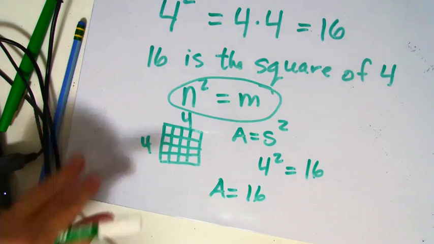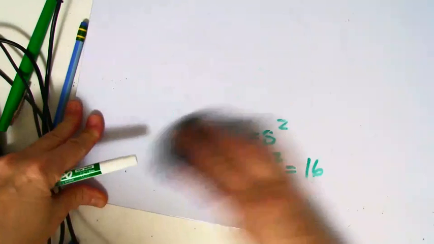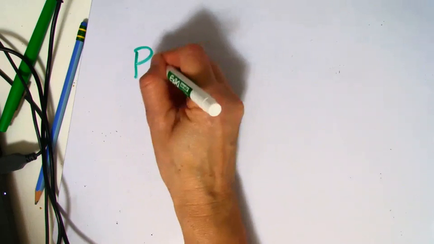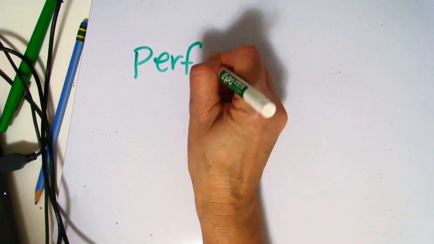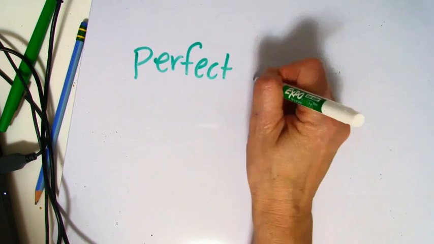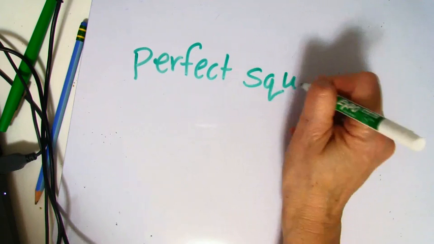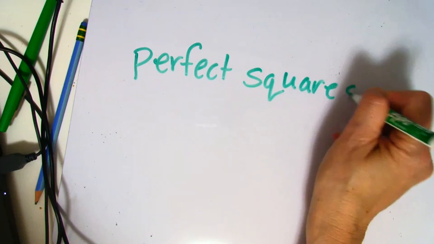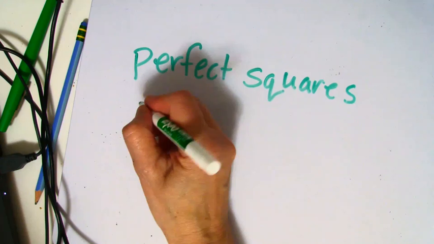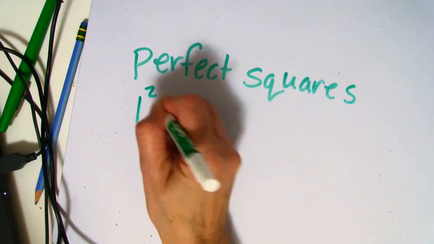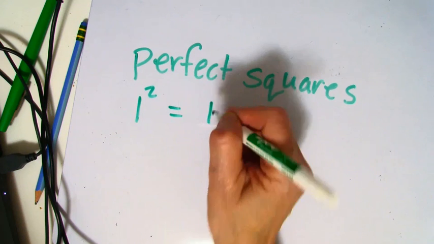Okay, now sometimes we're going to get perfect squares, and let's think about that. Perfect squares are squares that are whole numbers. So if I square 1, I'm going to get 1.